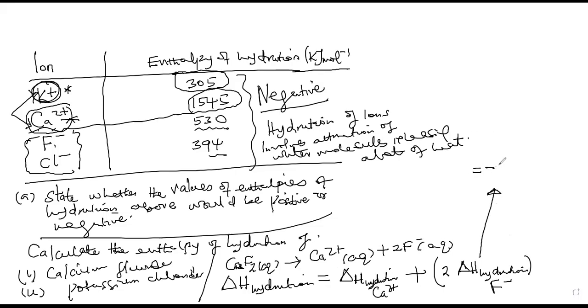So it is negative 1545 plus twice the one for fluoride, negative 530. The summation gives negative 2605 kilojoules per mole, and that is the enthalpy of hydration.